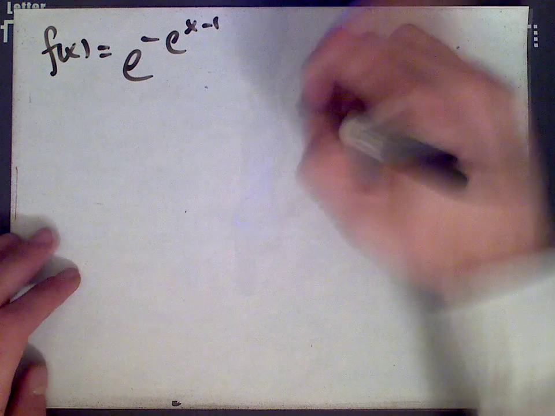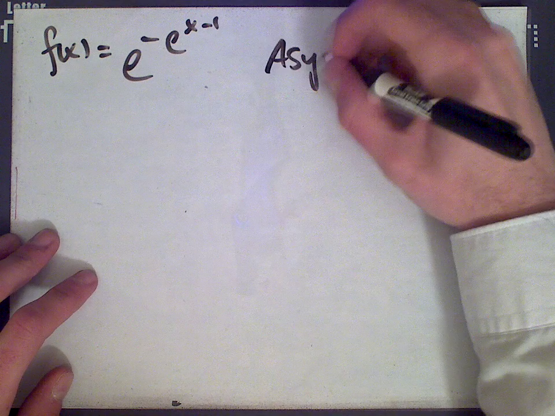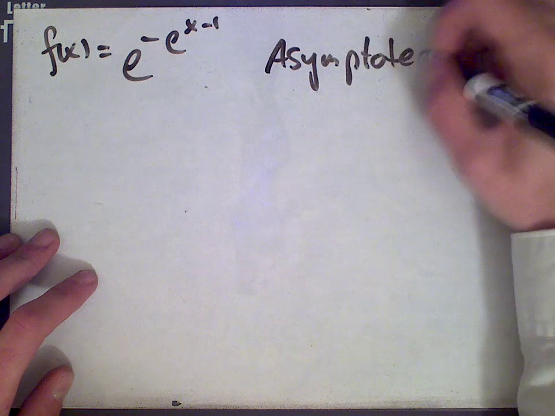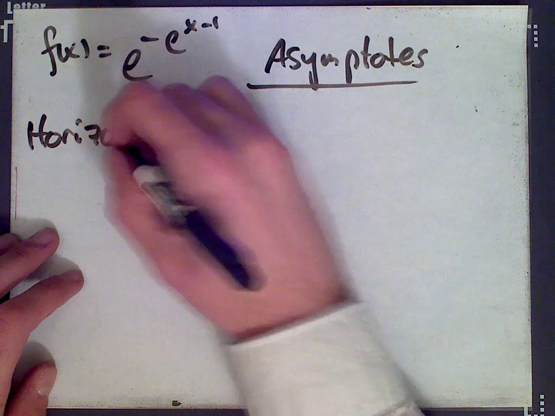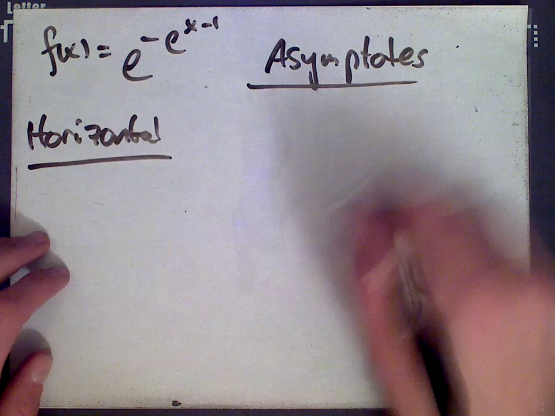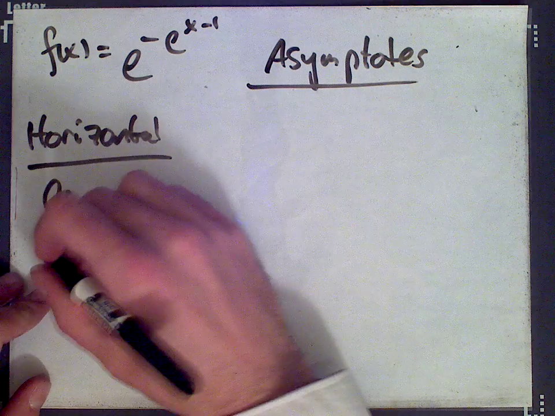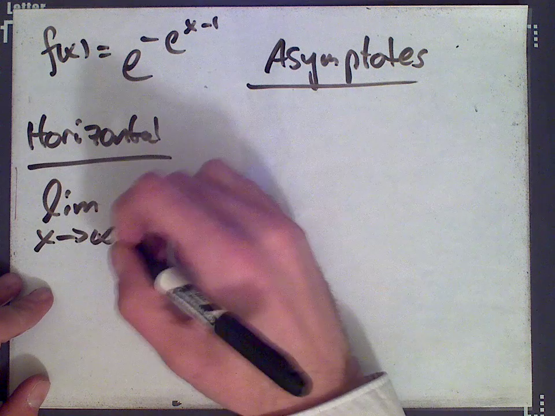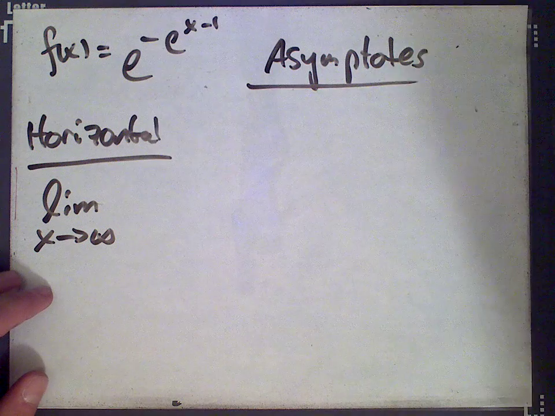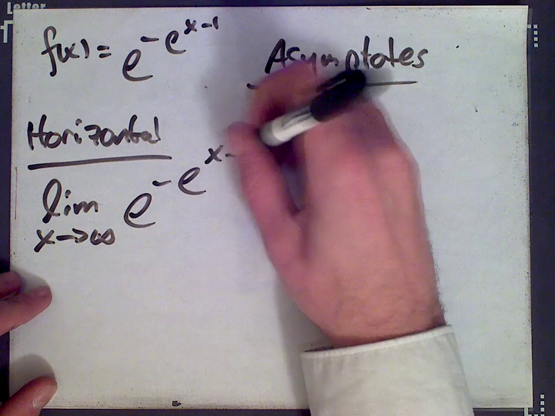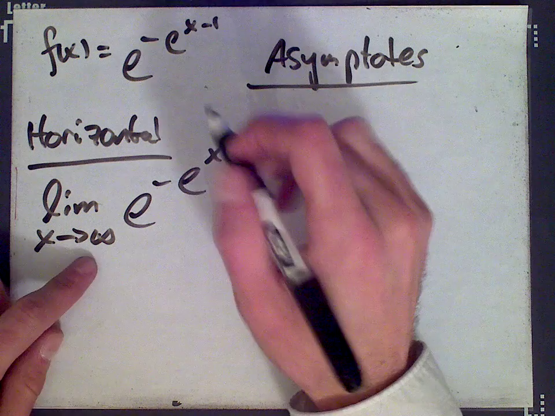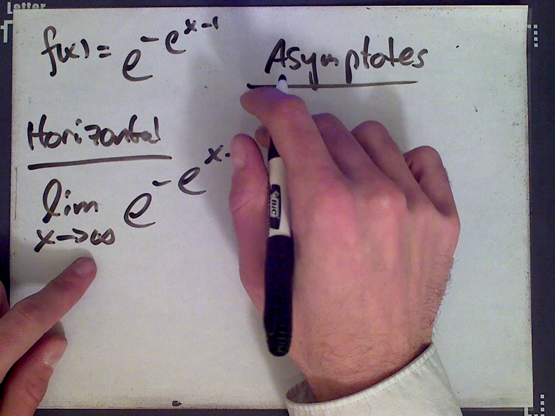Let's deal with the asymptotes first. Okay, let's test for horizontal asymptotes. Well, we want to take the limit as x goes to plus infinity. Okay, as x goes to plus infinity, x minus 1 goes to infinity.